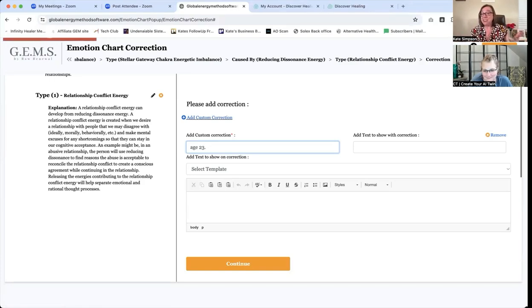When you have a relationship conflict energy, a lot of times you're making an excuse to be in relationship with someone that you may not agree with, or you may look up to them, but then somehow you disagree with the way they work or behave or something like that. So this makes sense to you. You created this energy and it's been affecting you ever since. So we're going to release that energy because it just doesn't serve you anymore.